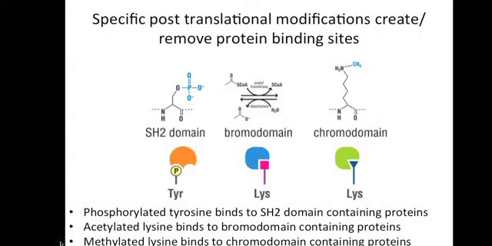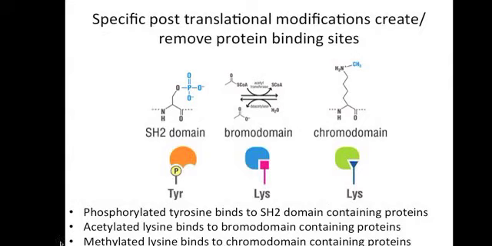Not specifically that phosphotyrosine binds to SH2 domains, because that's really more for 4A when we talk about signaling. But the concept is that post-translational modifications change the shape of a protein, and that results in interaction with different domains of different proteins in a regulated way.